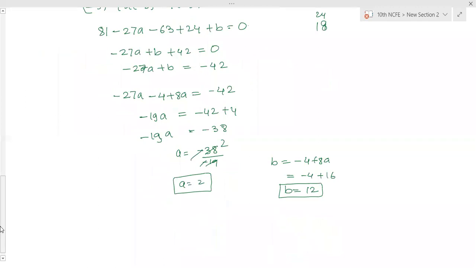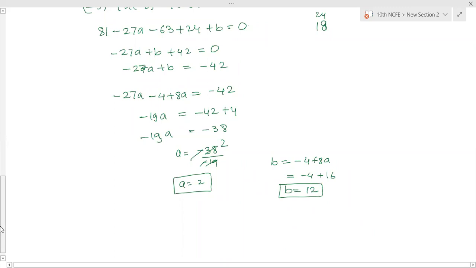Vedant, what happened in the 14th question? What's the problem? I got a is equal to 8 by 3, and here the answer is a is equal to 2. So that means you have done some calculation mistake. Minus 1, so you should get minus a. Let's check. Minus a plus 1 plus 2 plus 4a minus 9.